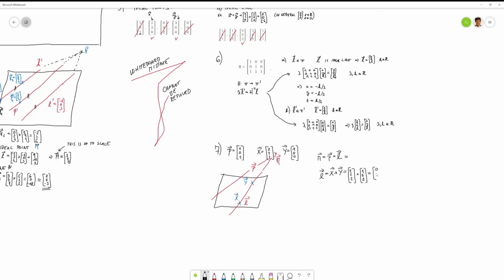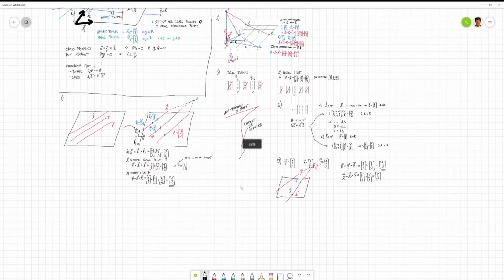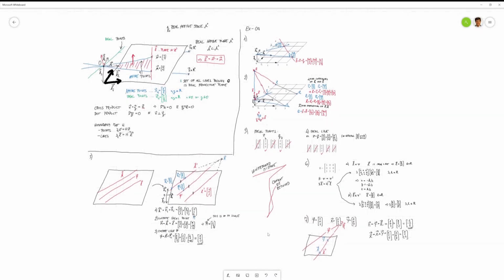Then the cross product of P and L is the cross product of the vector 1, 0, 1 with the vector 0, 2, minus 2. So we will get point M with coordinates minus 2, minus 2, 2, which is up to scale, for example, represented by the vector minus 1, minus 1, 1.